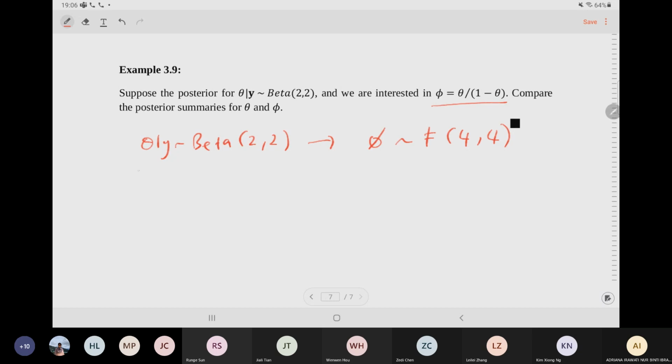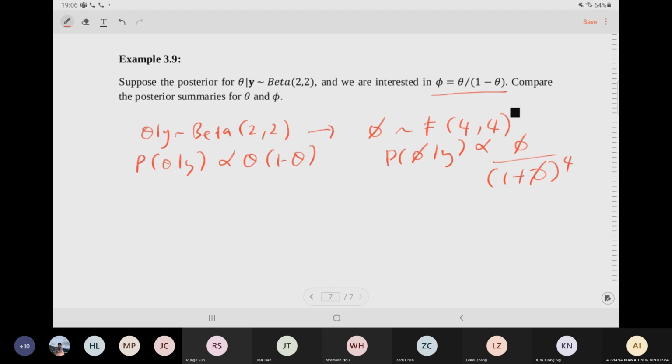If you look at the PDF, this is your beta 2, 2 and your phi, and you can check this if you put in your values. Remember that y plus a is 2 and n plus b minus y is 2, so v1 and v2 are 2 times 2, which is 4. That's why you got F with 4, 4.